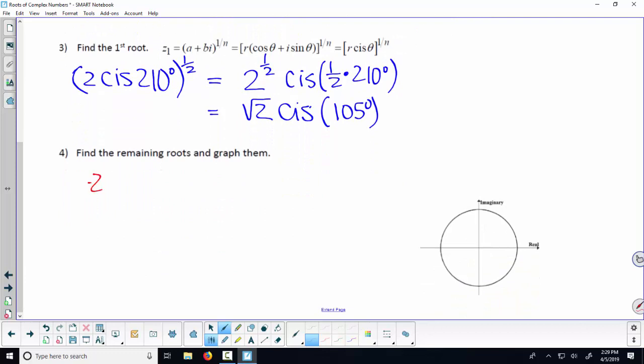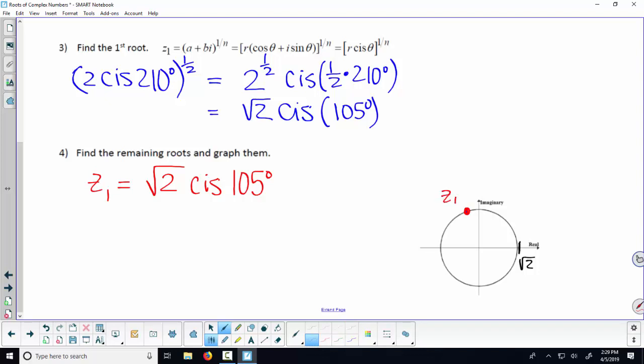So that's z sub 1. A complex number that's square root of 2 units from the origin on a direction angle of 105 degrees. So my circle is of radius square root of 2. 105 degrees is located in quadrant 2, so up here somewhere.